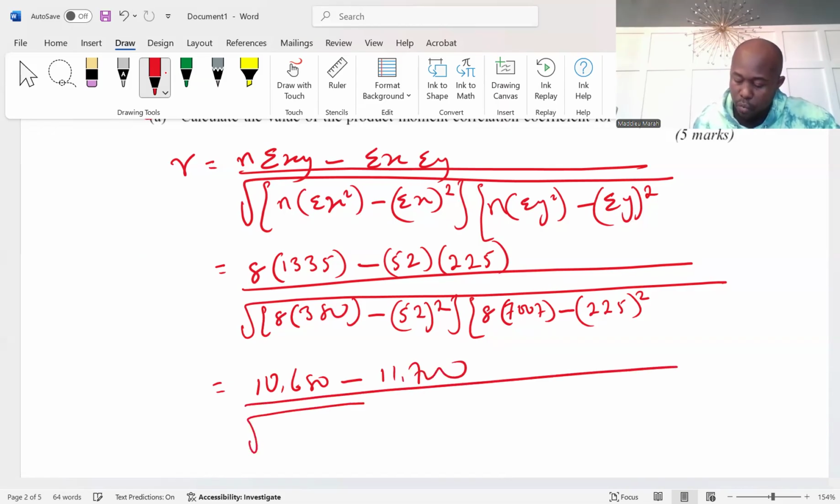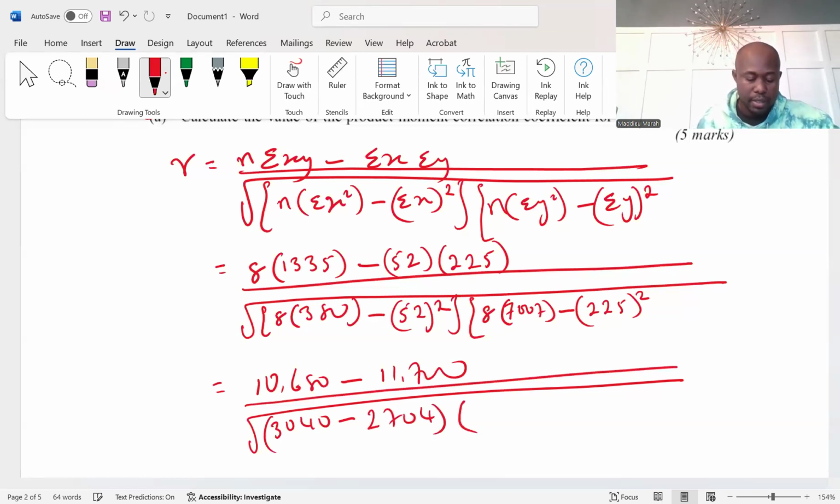Over my square root of 8 times 380, which gives me 3040, minus 52 squared, which is 2704.